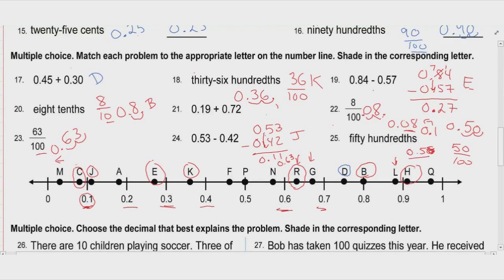So really you have 0.5, which is right here, which is P. So P is our answer. Sorry about that. I didn't write all the letters in for the problems. We know 23 is R. We know that is J. We know 22 is what? C. 21 was H. So there's all your answers.